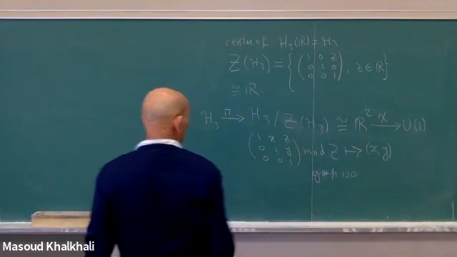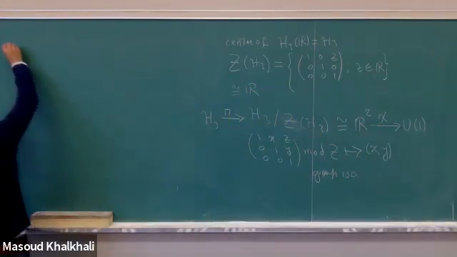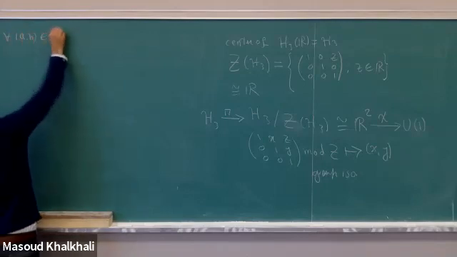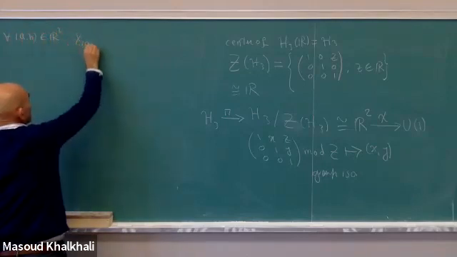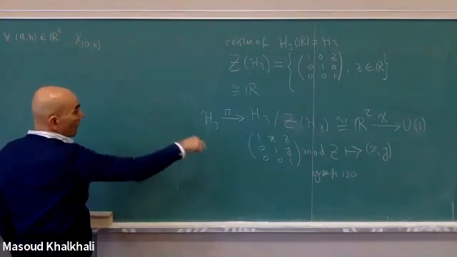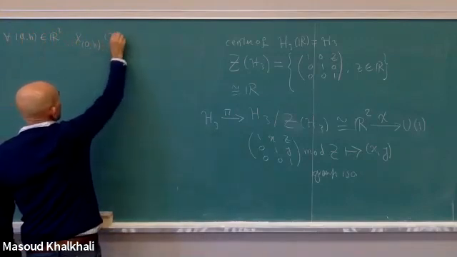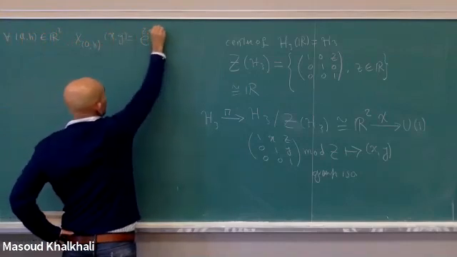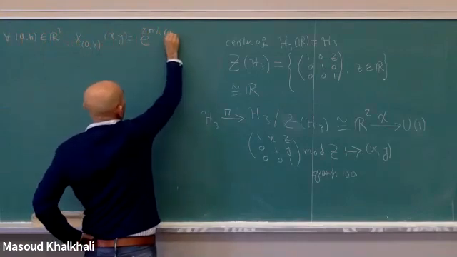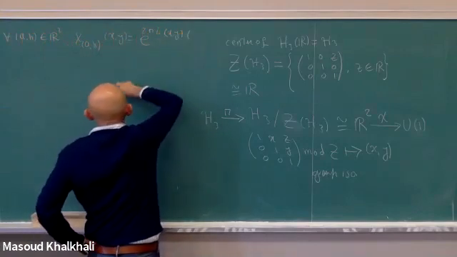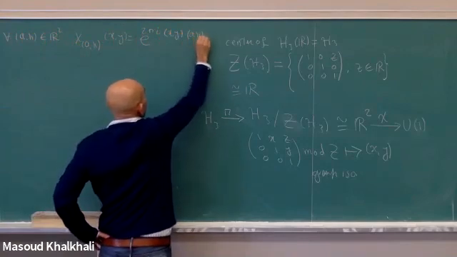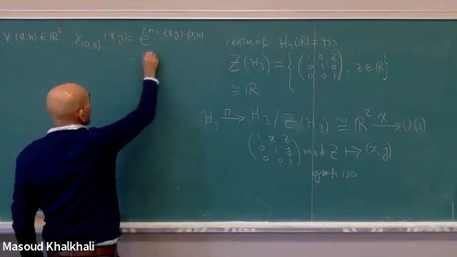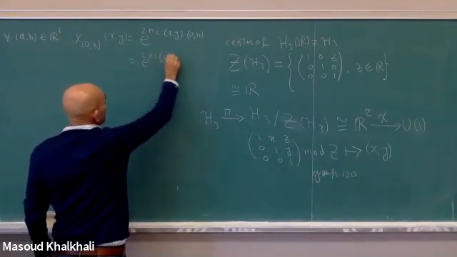So a character is of this form. For any A and B belonging to R2, the character chi AB at (x, y) is exponential of 2 pi i times the pair (x, y) dotted with (A, B), right? So these are like plane waves, like e to the 2 pi i (ax plus by).